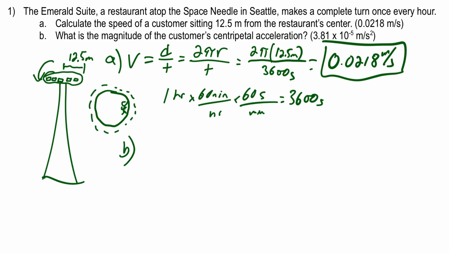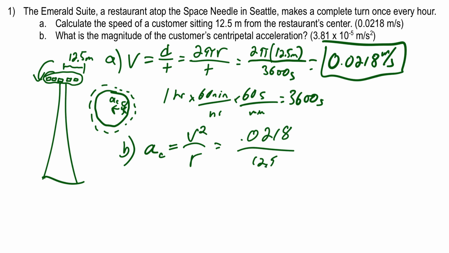Anyways, the next part is let's find our centripetal acceleration. Remember, we're going in a circle here, so there must be a centripetal acceleration changing our direction. That's simply v squared over r. At this point, the problem is pretty trivial. 0.0218 divided by the radius, which is 12.5 meters.